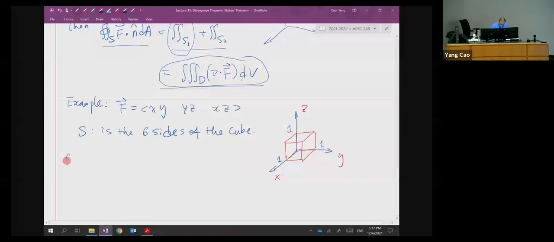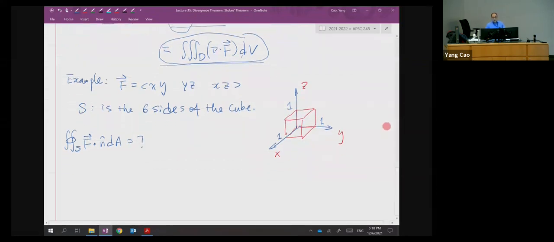Okay, and now you're required to calculate the net flux out of this cube. Or in other words, the net flux out of the total 6 surfaces of this cube.